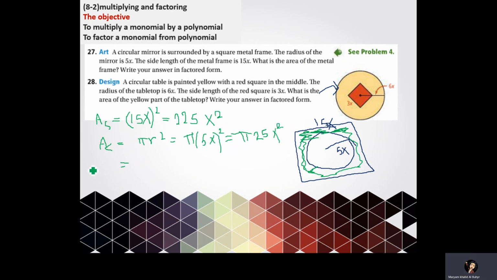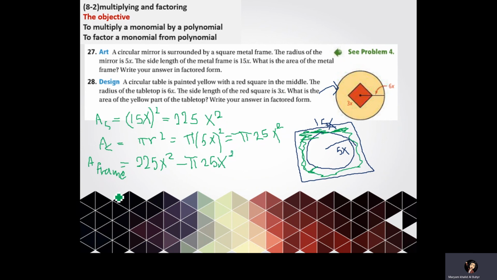Now, what is the area of the frame? The area for the frame equals the area of the square, which is 225 x to the power 2, minus pi 25 x squared.